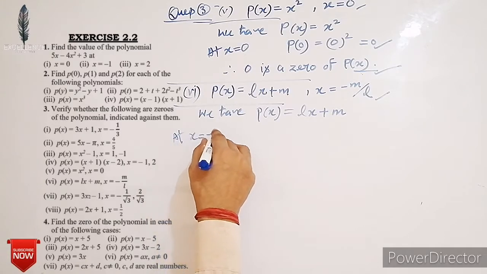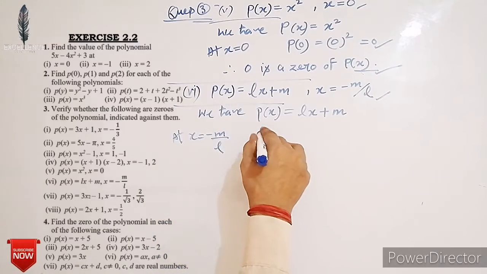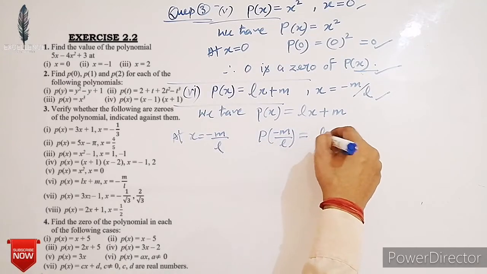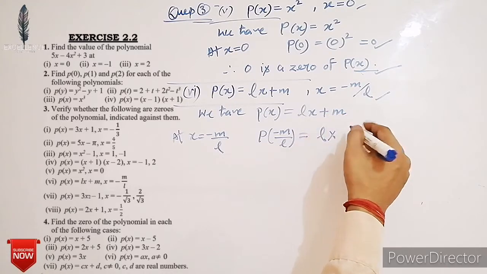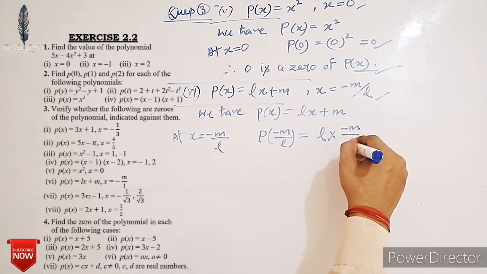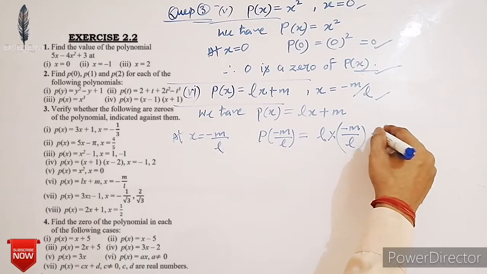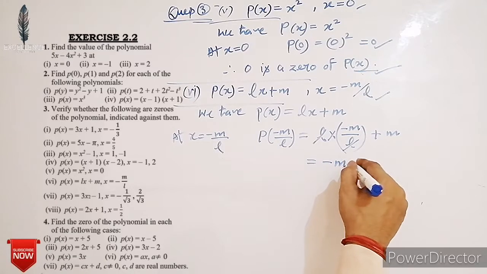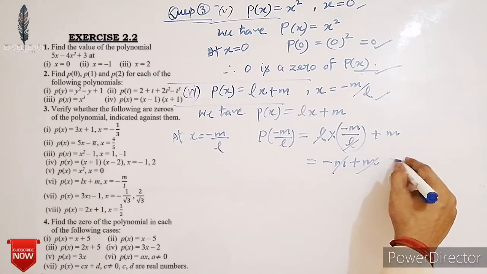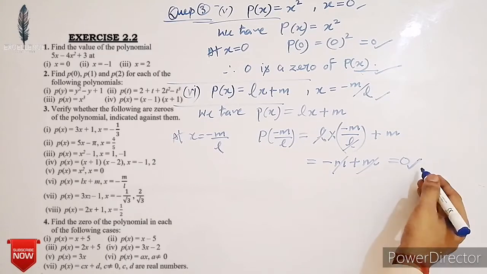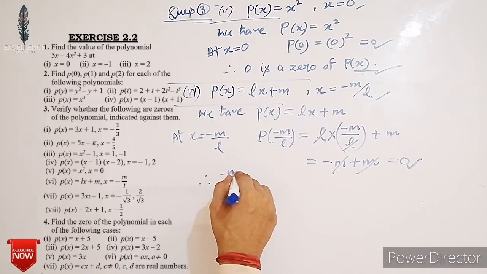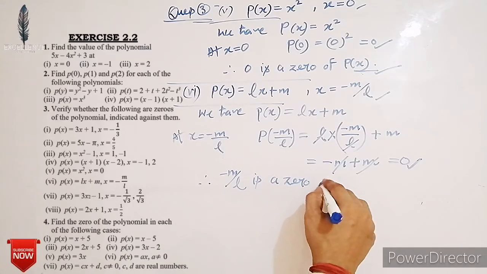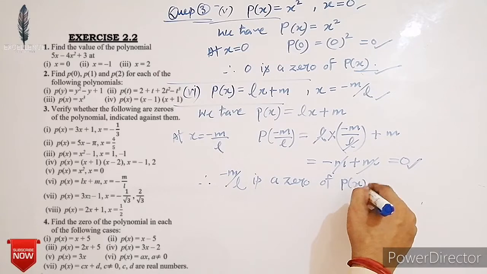At x = -m/L, p(-m/L) = L into -m/L + m. L and L cancel. Here -m + m. -m + m cancel. Here we get 0. So here -m/L is a zero of p(x). Okay?